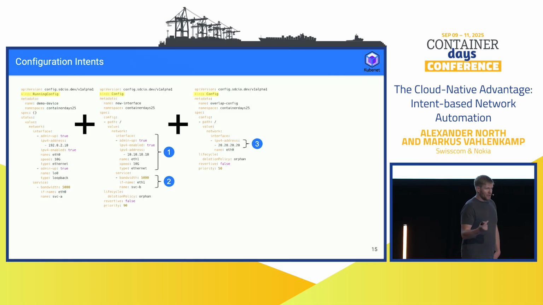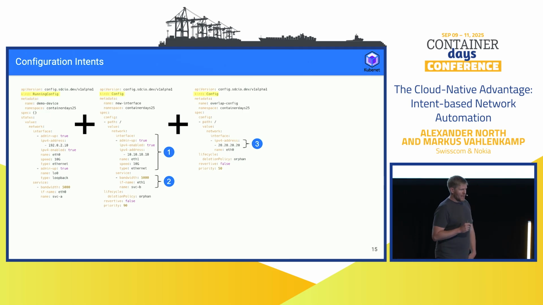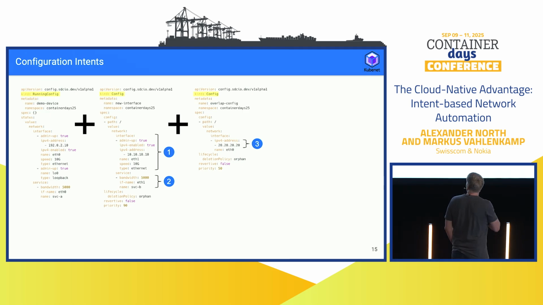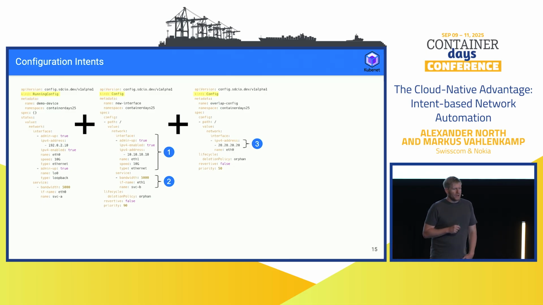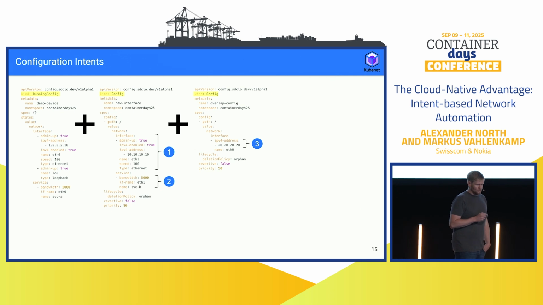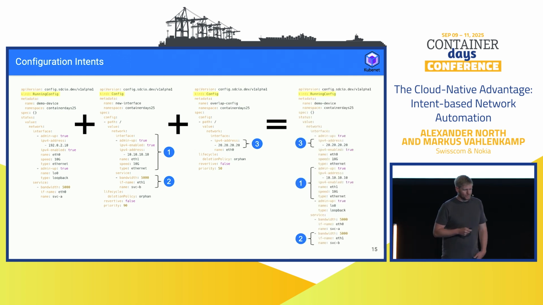And beyond that, what we'll be doing is changing an existing value. So we have in the running configuration an IP address already set for Ethernet 0, and we'll be overriding that with this new intent.